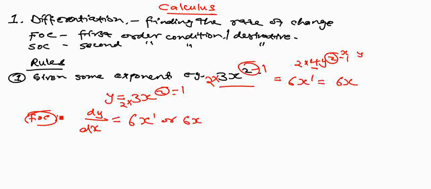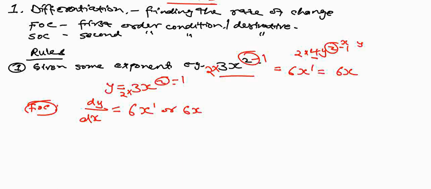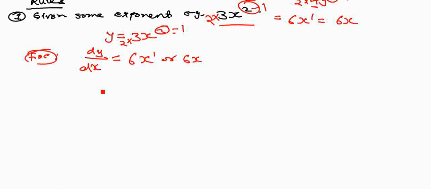Now let's assume another example. Let me give another example. Maybe you have a function saying y equals, maybe this is part B, y equals 4x cubed plus 21x squared plus 13, for example.